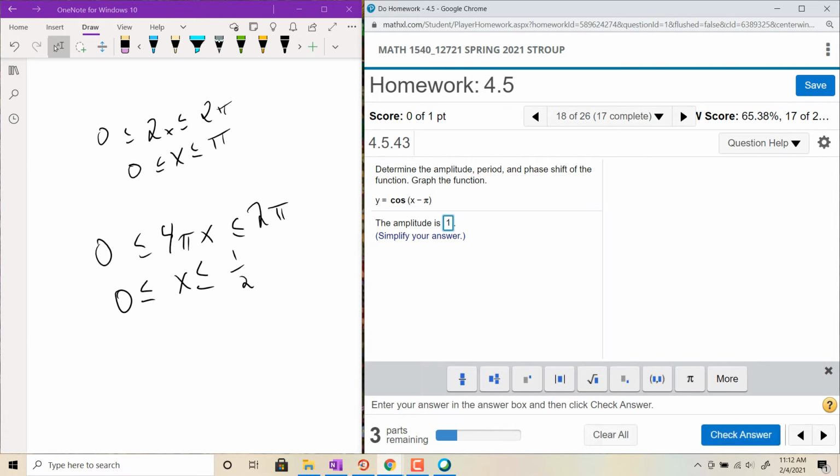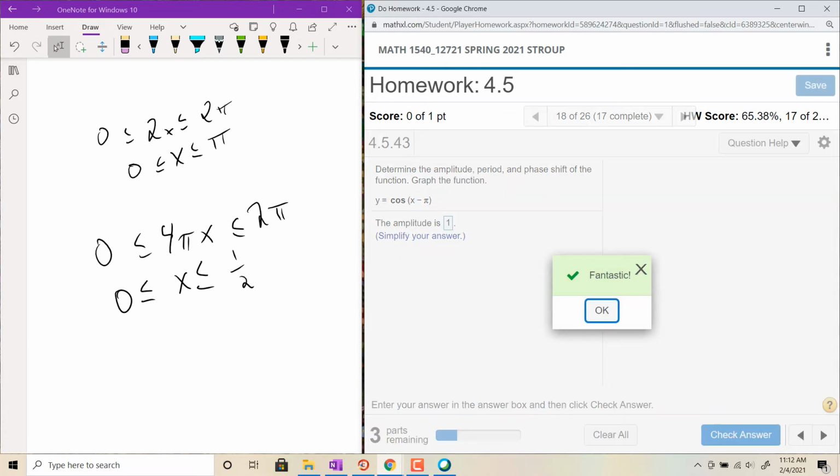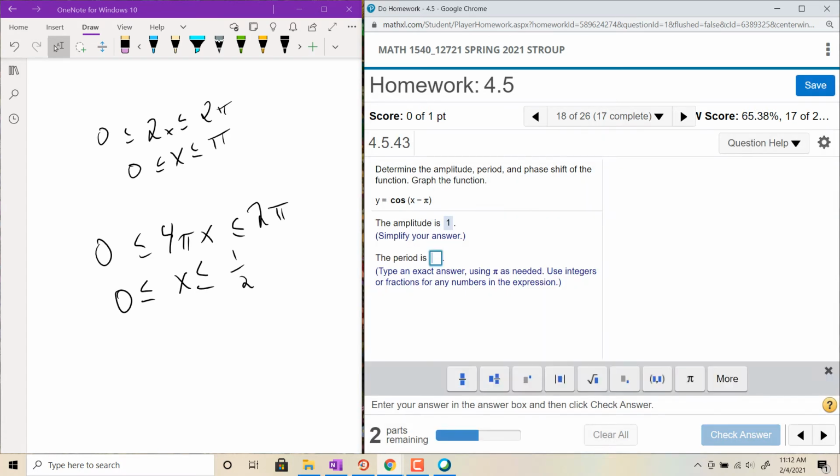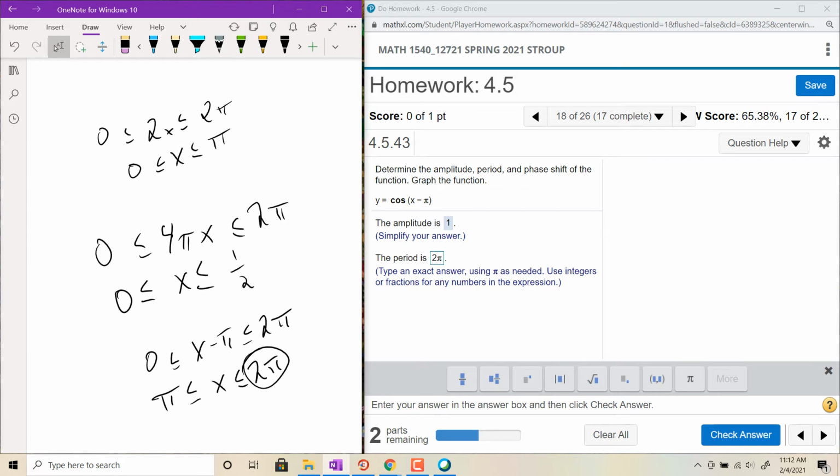The amplitude is 1. Period is just 2 pi. Nothing really going to change. If you need to see it, you just write it out. You know, it's like x minus pi, and you just wedge it in there. The deal is there's a phase shift, right? So period's still 2 pi, and then you're adding in a phase shift.